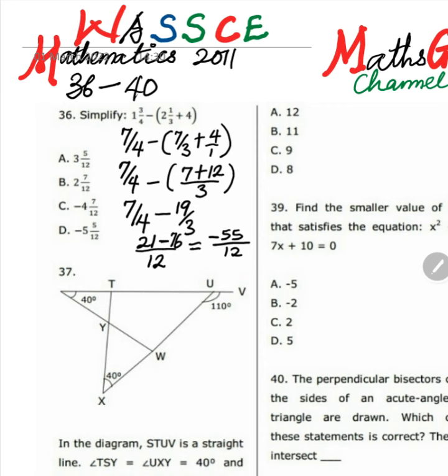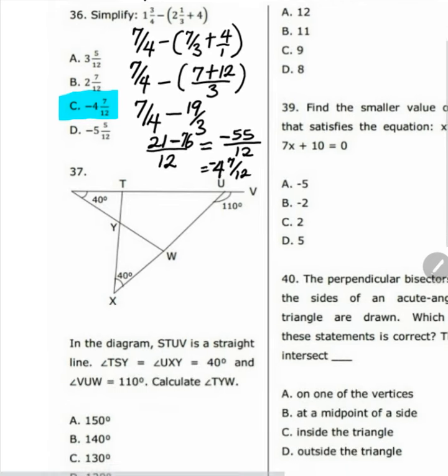And when we divide it, we're going to have 4 whole number 7/12. That is negative 4 whole number 7/12. And the correct option is C.